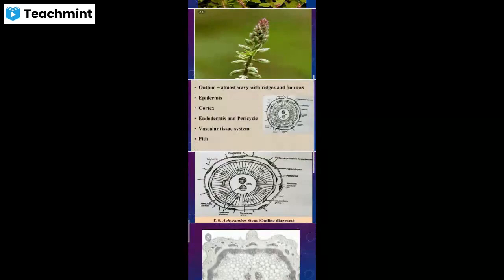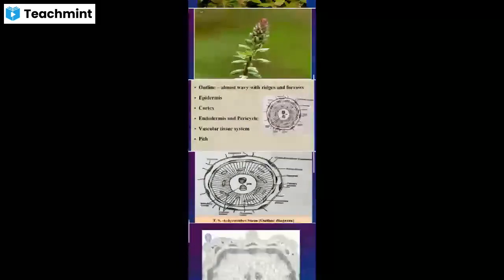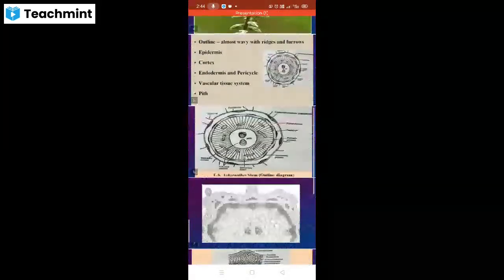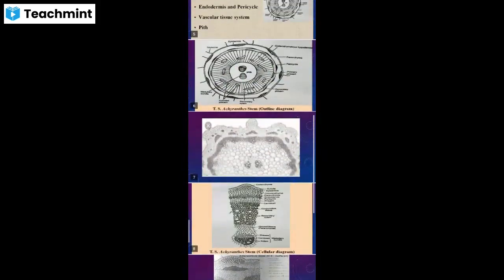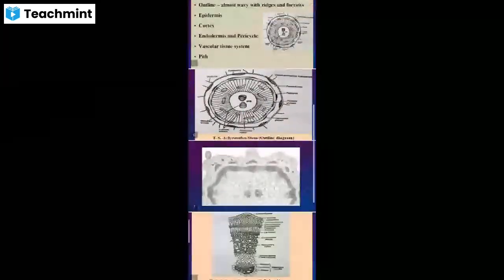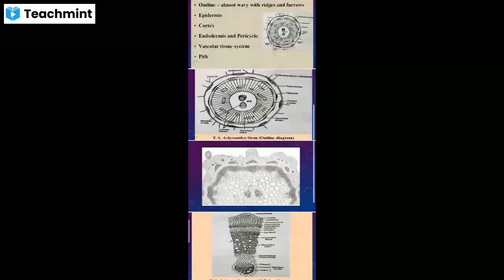Then the addition of vascular bundles in the form of a ring. The young stem also shows two centrally placed primary medullary bundles of the endarch type. In this diagram, you can see the two centrally placed vascular bundles.